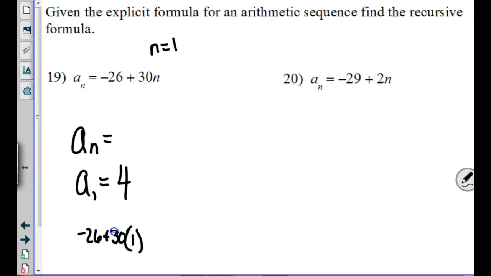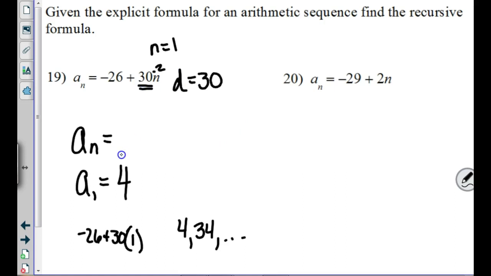Now, we could put in a 2 to see what happens. If we put in a 2, we get 60 plus negative 34, no, positive 34. So it goes 4, 34, dot, dot, dot. So what is the difference? It's always what's multiplied here, so the difference is 30.